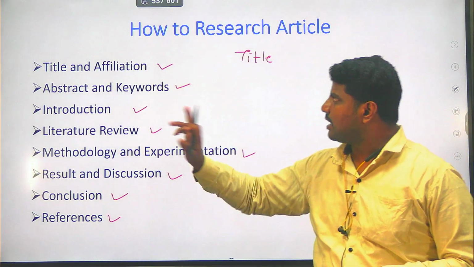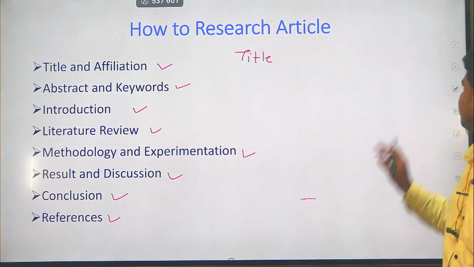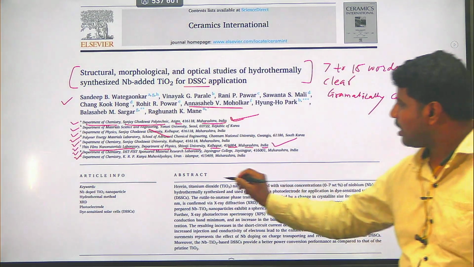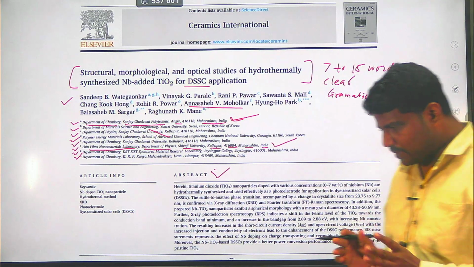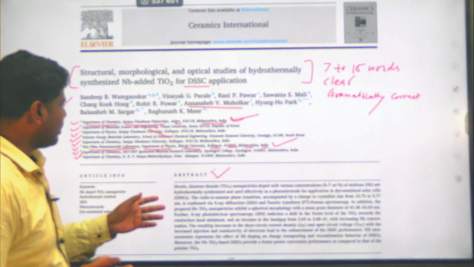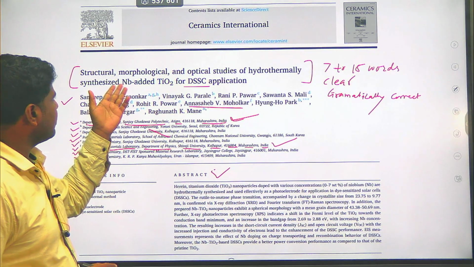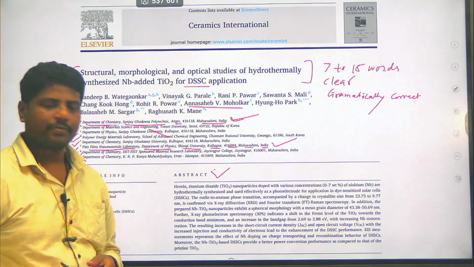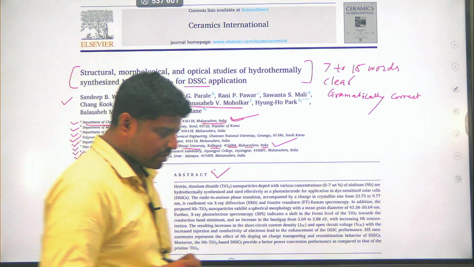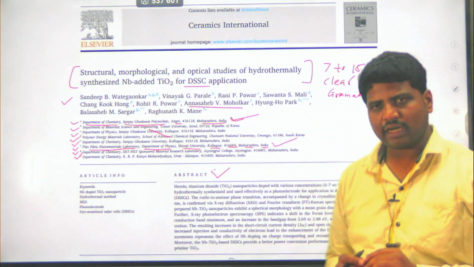Next thing is abstract and keywords. First of all, we'll see what we mean by abstract. Abstract is a short summary of the research article. If you take this research article on DSSC application, there are a few points to be considered while writing the abstract.